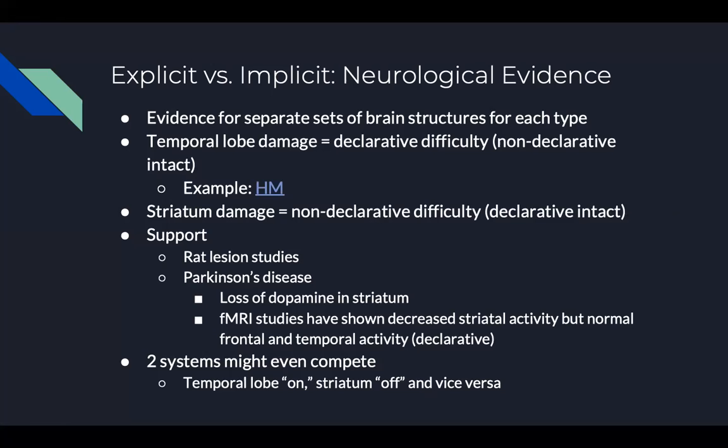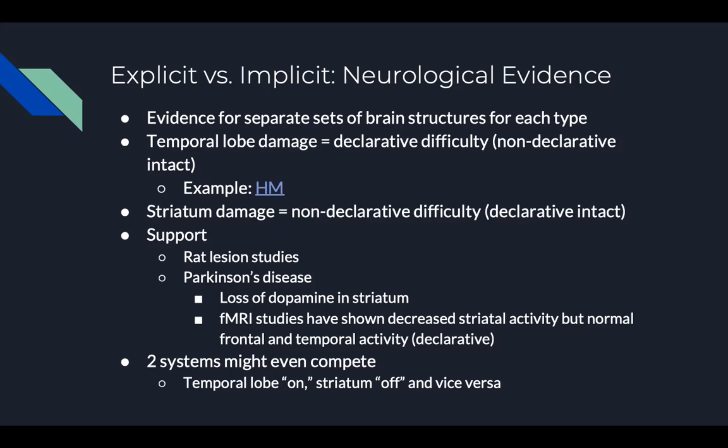And we also have support for the opposite pattern of difficulty when a structure called the striatum is damaged. As you saw in that video with HM, the basal ganglia and the cerebellum are two areas of the brain that are really important for non-declarative memory. That is our procedural memory.